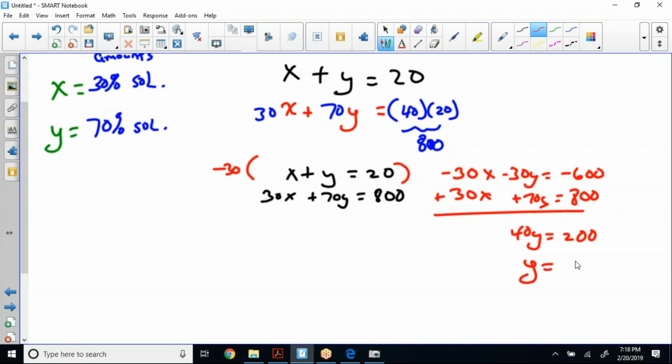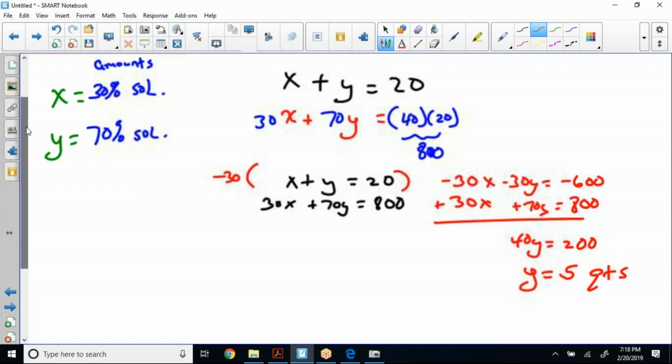So Y equals 5. That'd be 5 quarts. At that point, I know that I've got 5 quarts that are 70% solution. So if I've got a total of 20 quarts and 5 of them are the 70%, how many are in the 30%? 15 quarts.